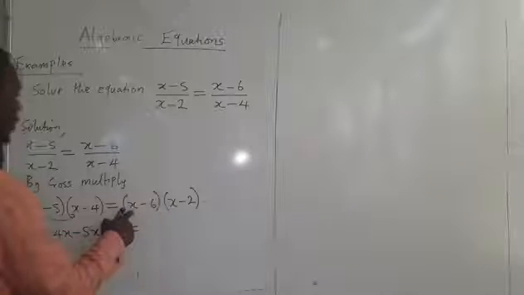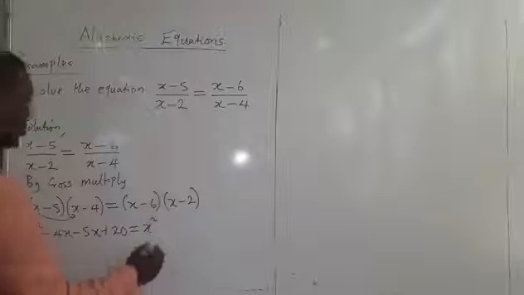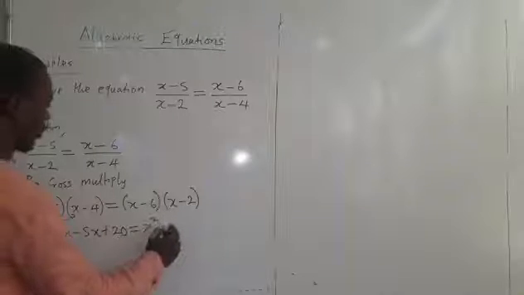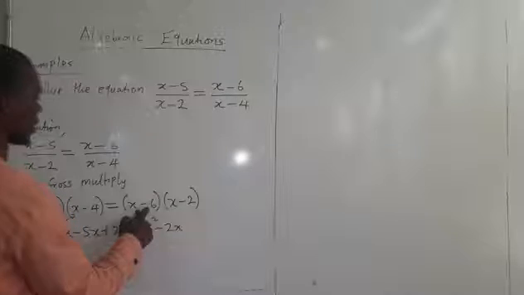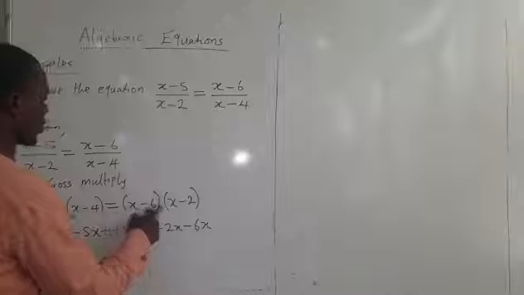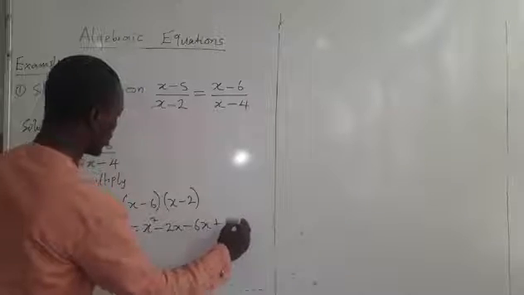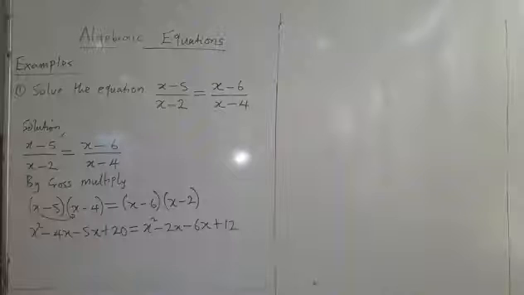Then the second one, x multiplied by x, x squared, x multiplied by minus 2, that's minus 2x, then minus 6 multiplied by x, minus 6x, then minus 6 multiplied by minus 2 gives us plus 12. So the next thing to do is to simplify and collect the like terms.